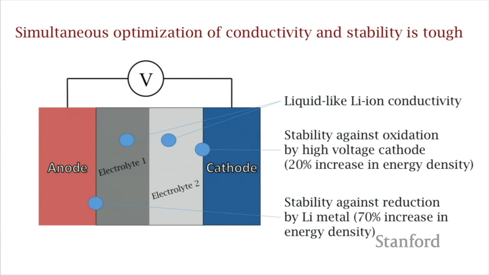One thing that has been proposed as a way of making this a little easier is to split the electrolyte up into 2 electrolytes. Both of them need good ion conductivity, but electrolyte 1 is touching the anode and not the cathode, so it only needs to be stable against reduction. Electrolyte 2 is only touching the cathode and not the anode, so it only needs to be stable against oxidation. So you can ease the demands on these materials a bit by doing that.